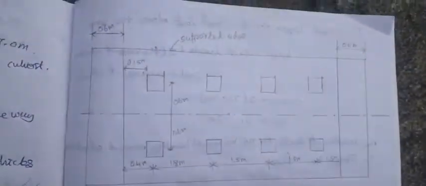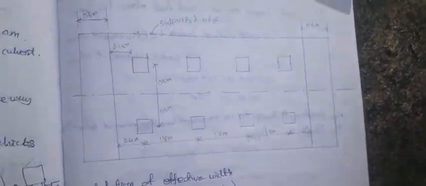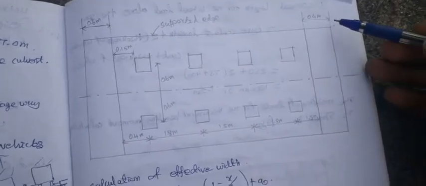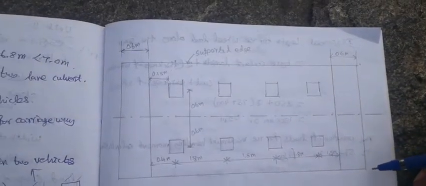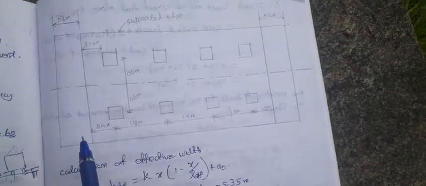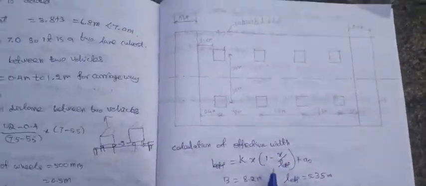So here, seen here, this is the road. Consider this is the center point. Before that, this portion to this portion is 5 meter, or the effective span is 5.35 meter. Here it is a 7 meter span. Consider it is a slab culvert. Imagine that.